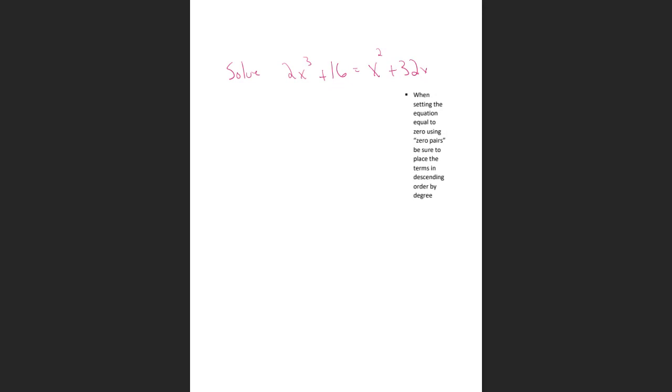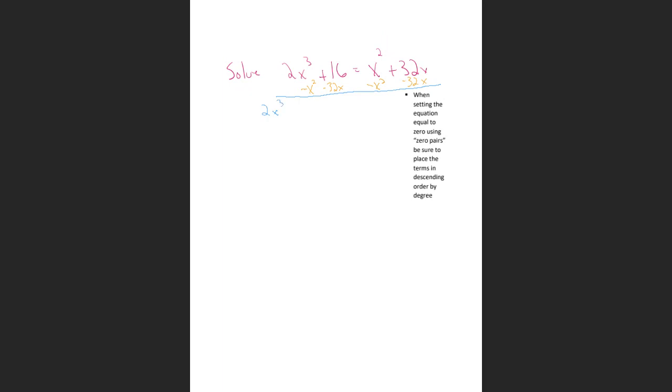So I'm going to lose an x squared here, and I've got to lose an x squared over here, but it doesn't really belong anywhere. I have to lose this 32x, so I have to do that over here. And also, there really aren't any like terms, so I have to bring on down all 4 terms. We want to bring them down from highest degree to lowest degree.